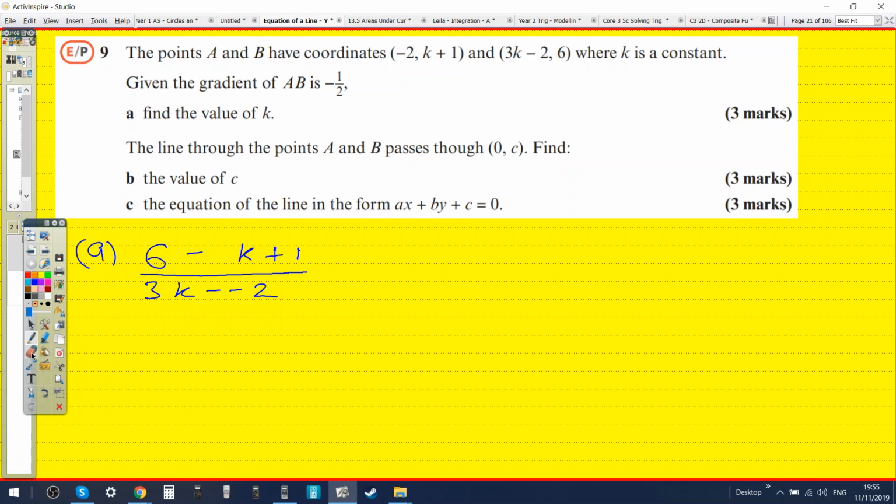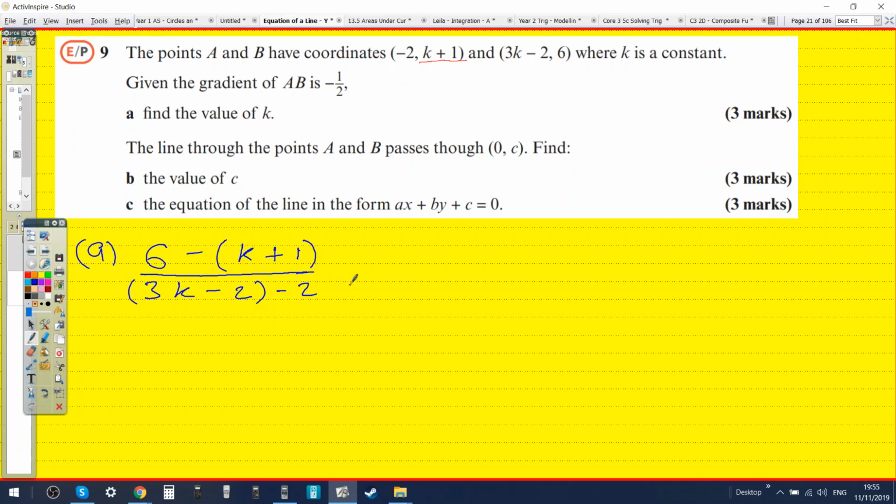Oh, yeah, I didn't realize that's right. So 3k minus 2, and then minus 2. Anything else need to be in the bracket? I think k plus 1 probably needs to be in the bracket as well. Yeah. Okay.